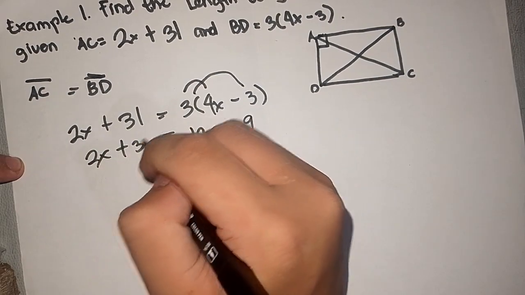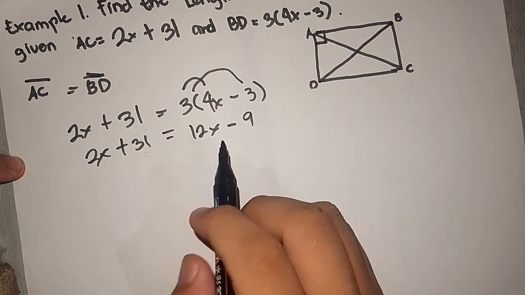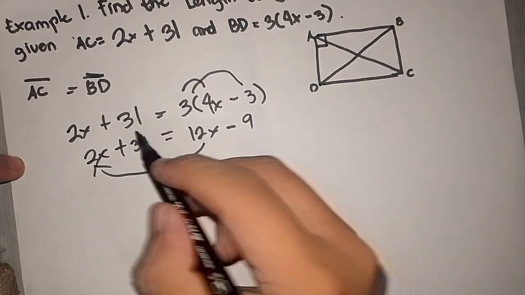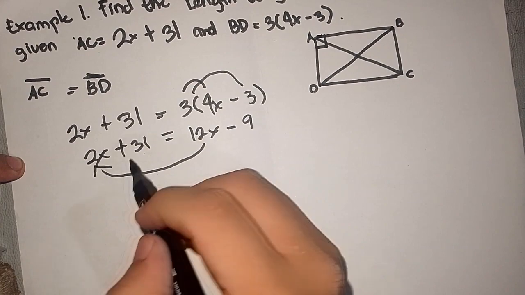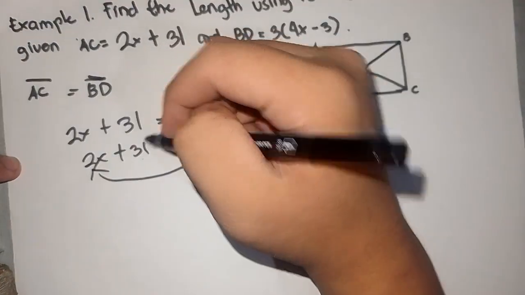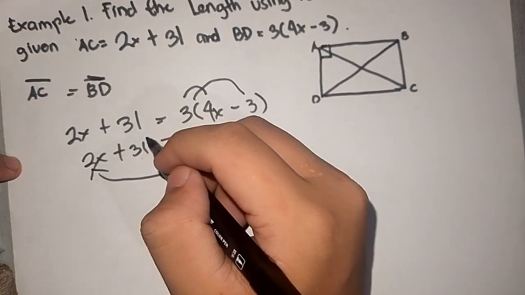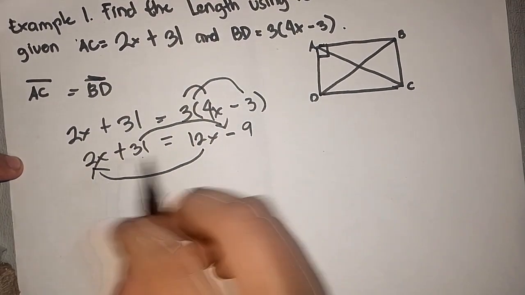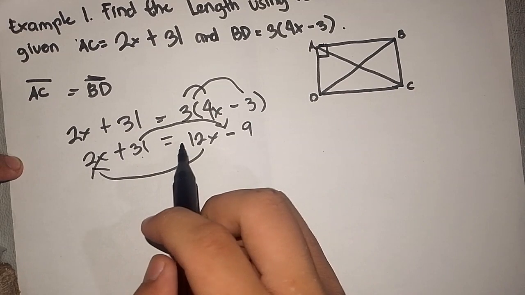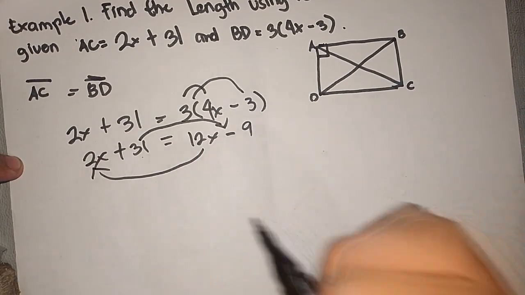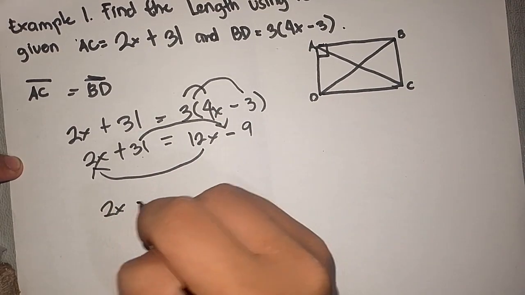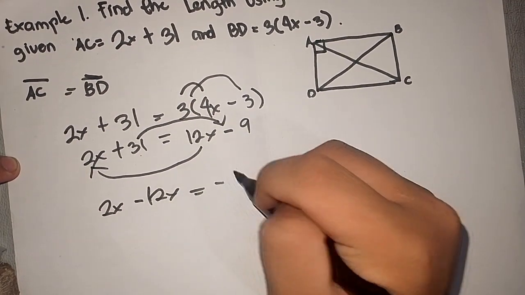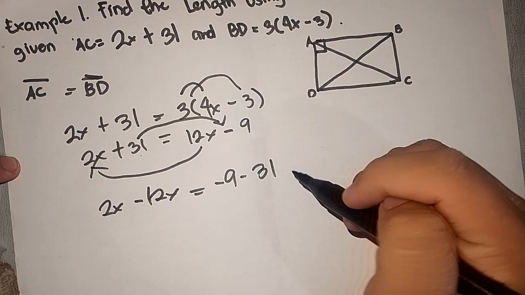So, 2x plus 31 equals 12x minus 9. Let's transpose 12x and 31. Both were positive, so they become negative. 2x minus 12x is equal to negative 9 minus 31.